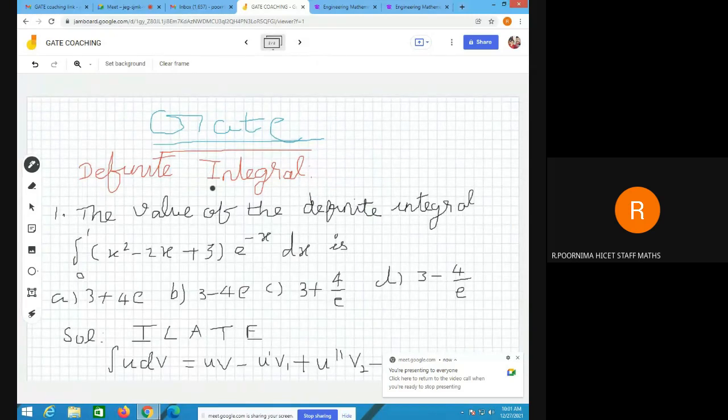The first question is from definite integral. All of you can take notes, and you can get those notes while teaching. Finally, you will be taking a test. Out of these questions only, you are going to write the test. So all of you should take notes.